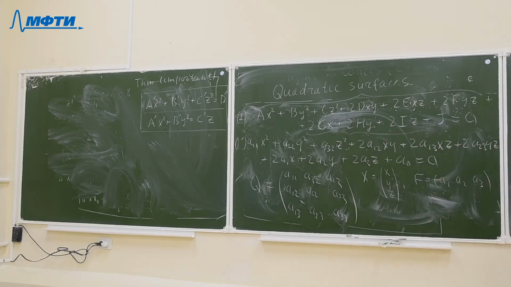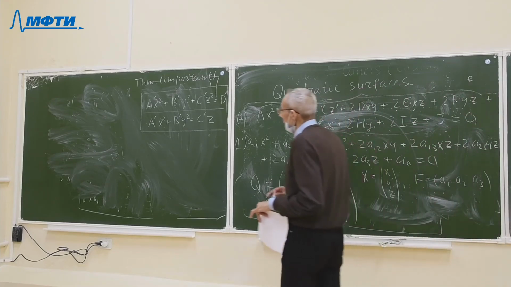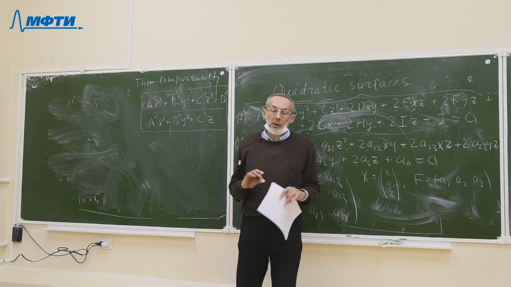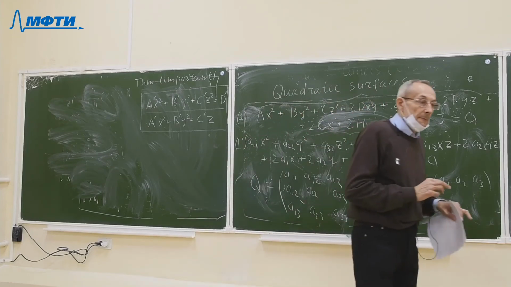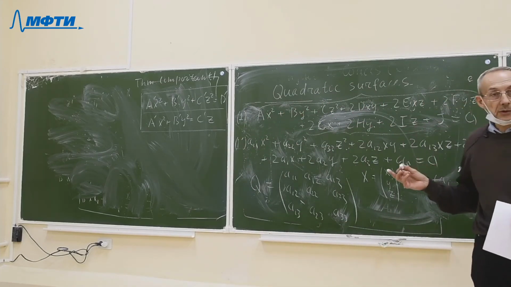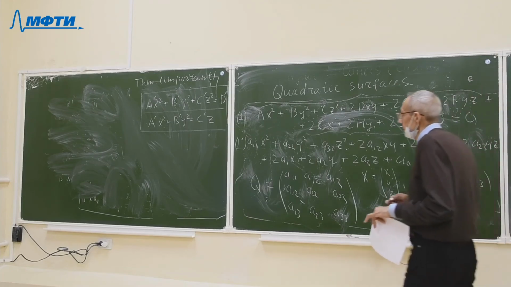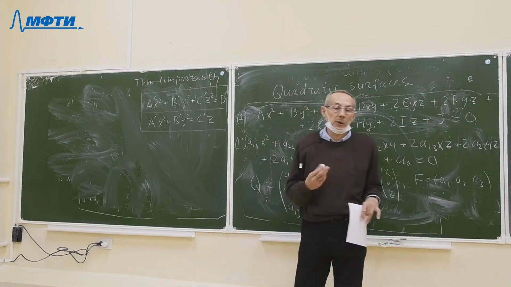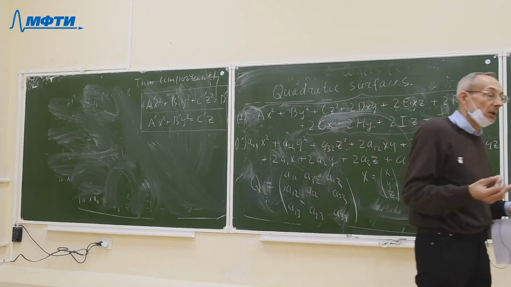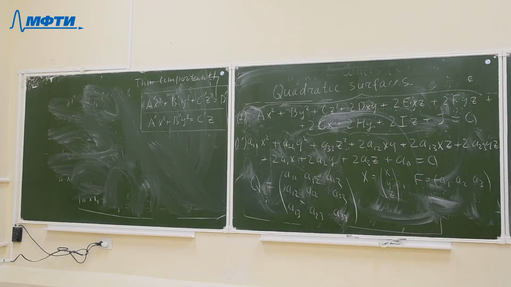We will later prove a more general assertion, which is true for an arbitrary quadratic form in n-dimensional space. But in the case of surfaces, we can prove this assertion in the same way as we before proved the same theorem for conics, using rotation, but rotation in three-dimensional space.